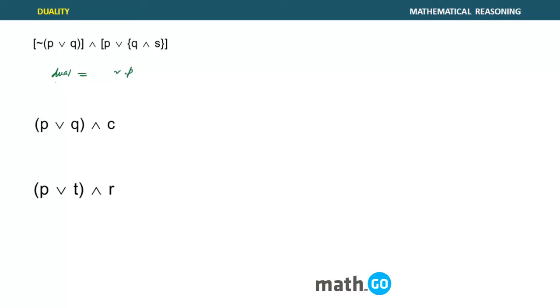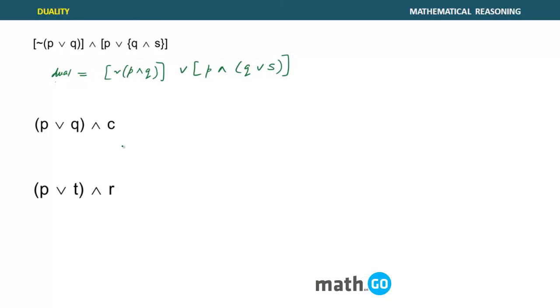So negation P as it is, then this operator will be changed to this operator, and this operator would be changed to OR operator. So it's only the case of operators. This operator will be changed to this, and then Q, and then this operator will be changed to this.